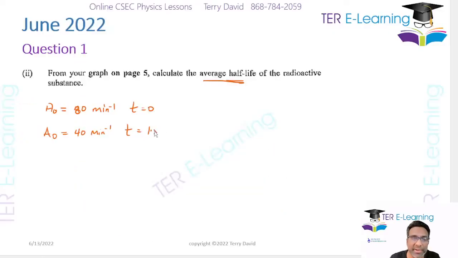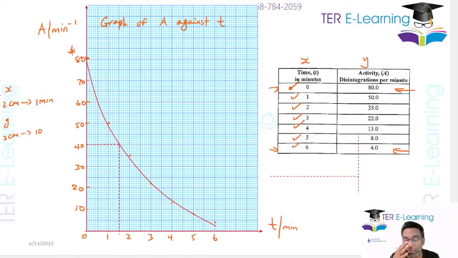So therefore, for this instant, my half-life is equal to 1.5 minutes. So that's one test we can do here. Now I can also do it for half of the 40, which is going to be 20. So I can do it here as well.